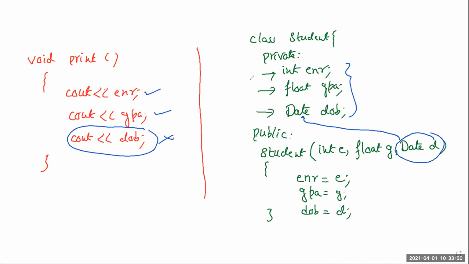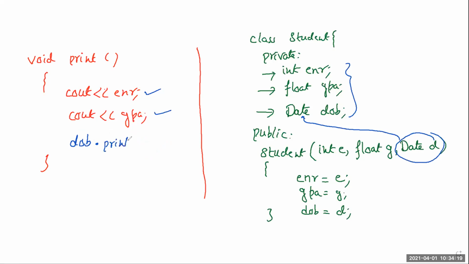Now, what should we do? There are different ways you can actually do that. But if you remember the date class, in the date class we made a function print in which we write cout day, month, and year. So why not reuse that function? And how to reuse that function? Just like you call the function in the main, object dot name of the function.